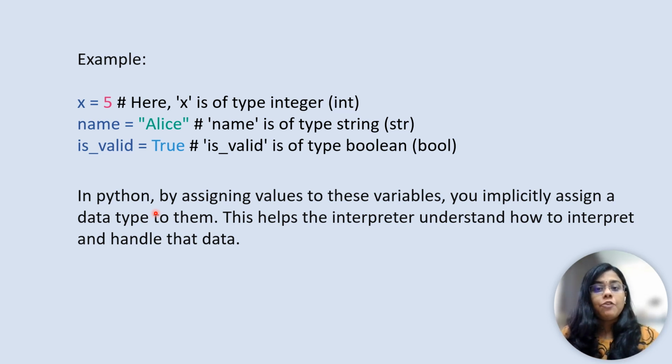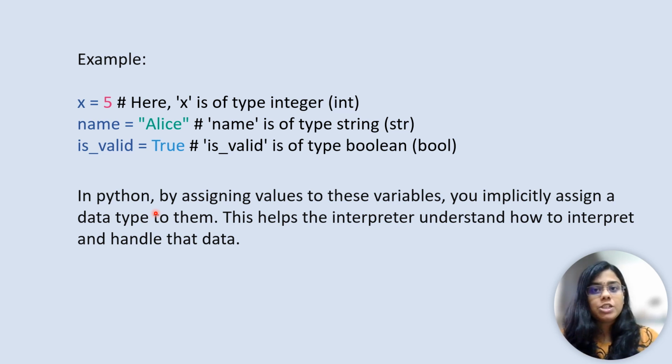For example, if we see in the previous languages, C or C++ or Java, you specifically define the data type of a variable. You say int C, which means the variable C is of the type int. But that is not the case in dynamically typed languages.